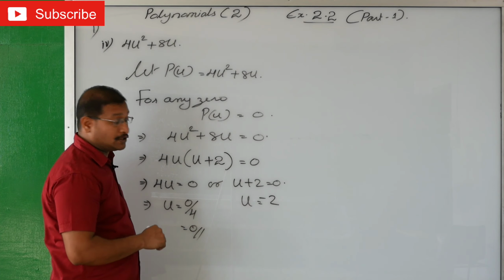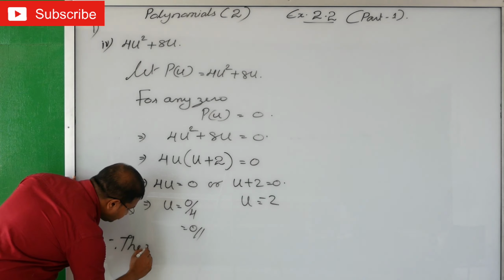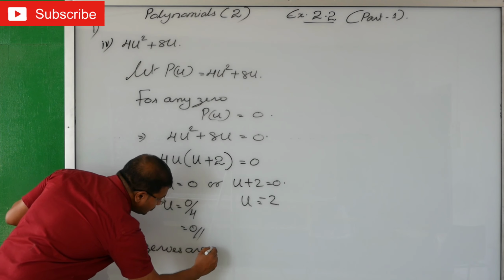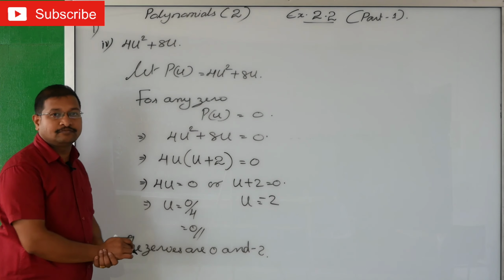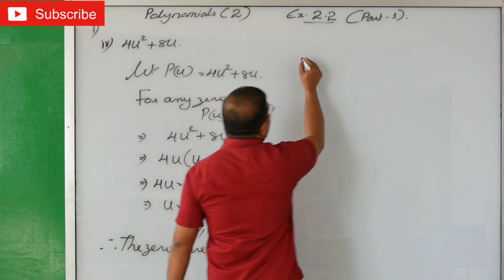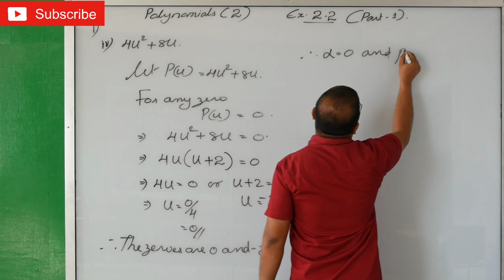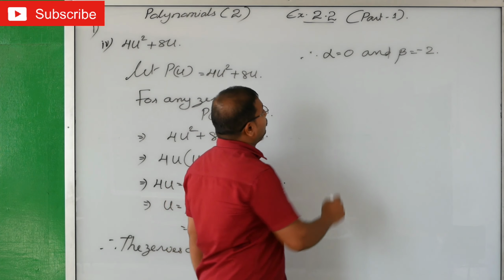Ready? Therefore the zeros are 0 and minus 2. Ready? Therefore alpha equals 0 and beta equals minus 2. Now verification.